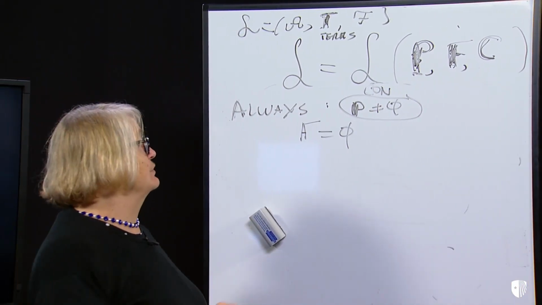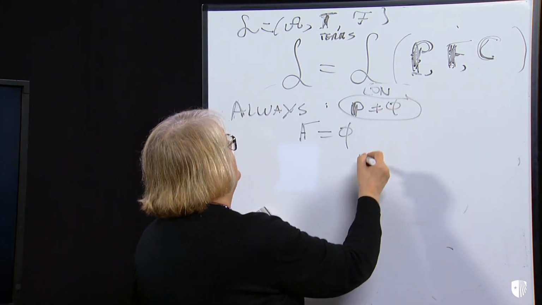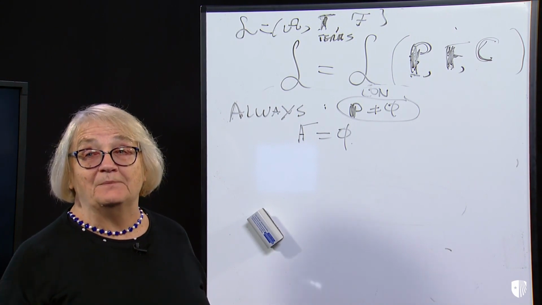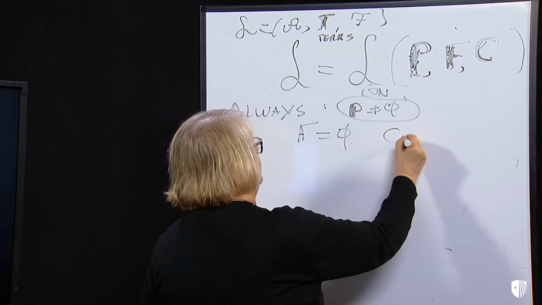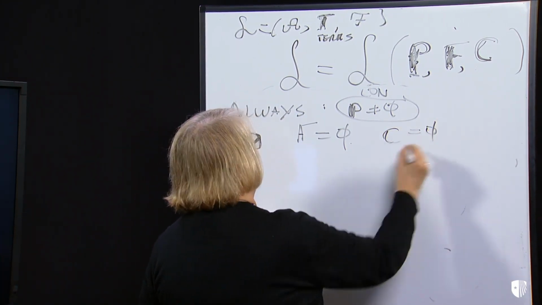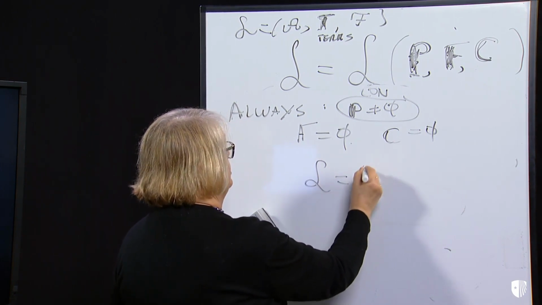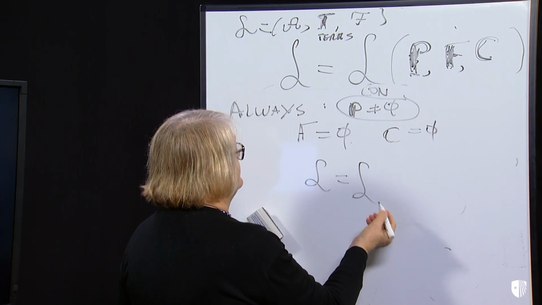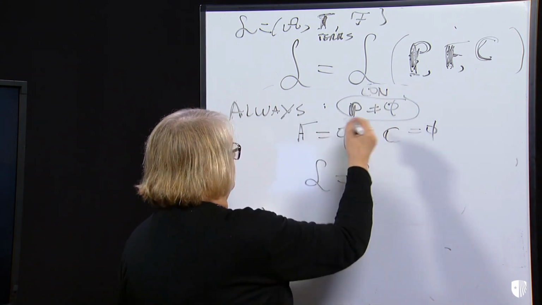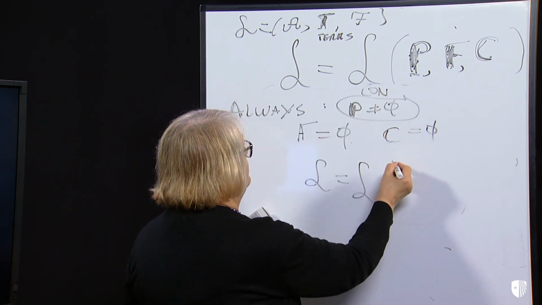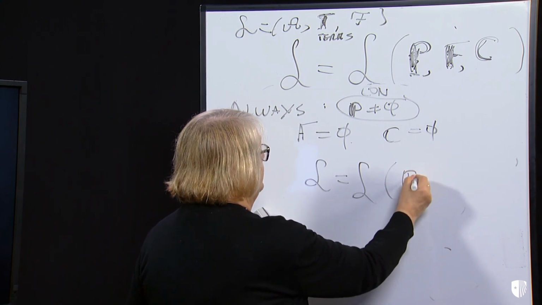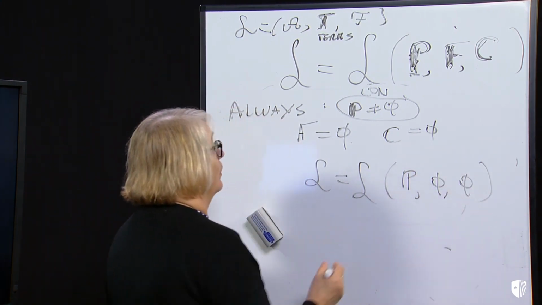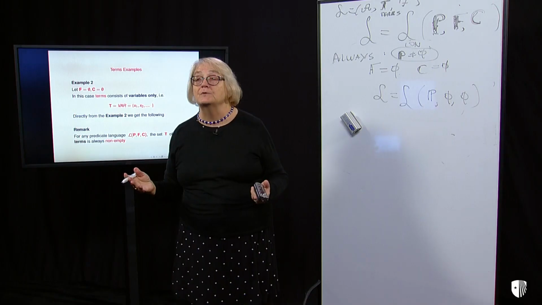So now, if you have a language where F is empty and C, the set of constants, is empty, and I skip the connectives because I don't list them at this moment, you have P and empty, empty. So which would be the terms?